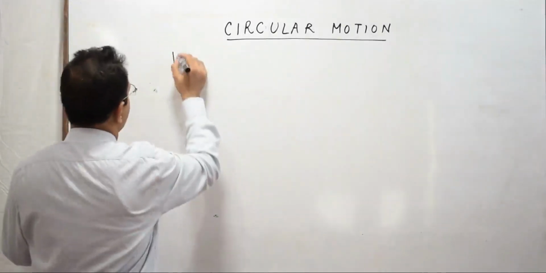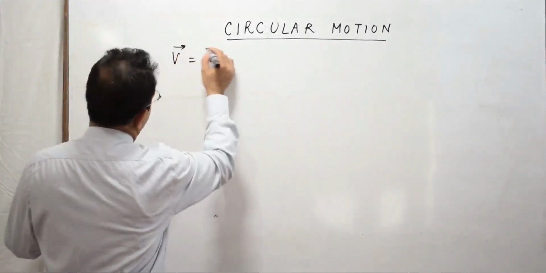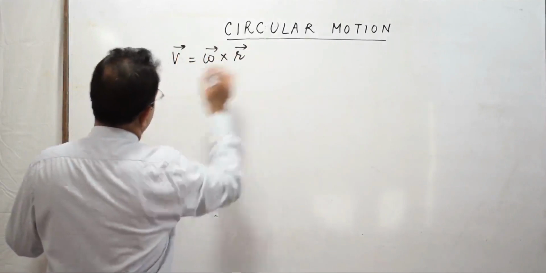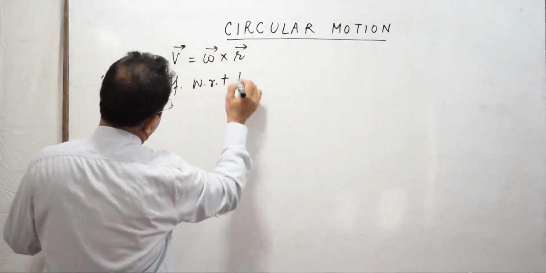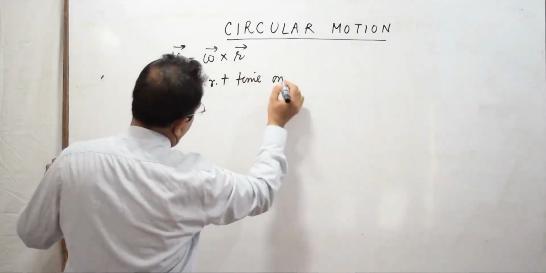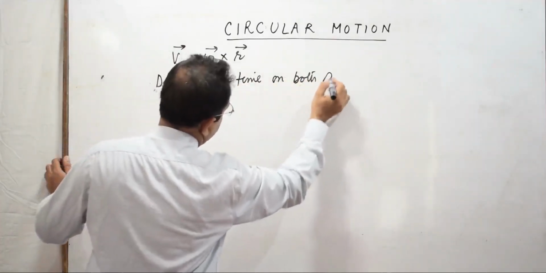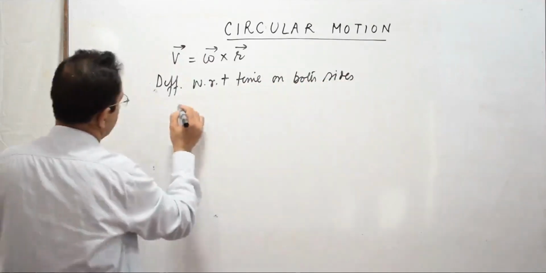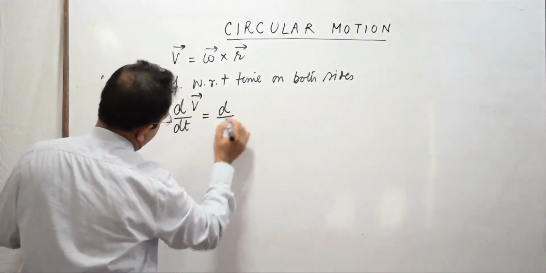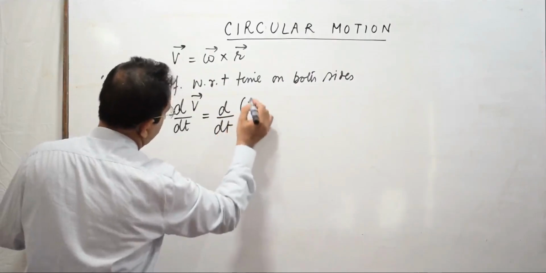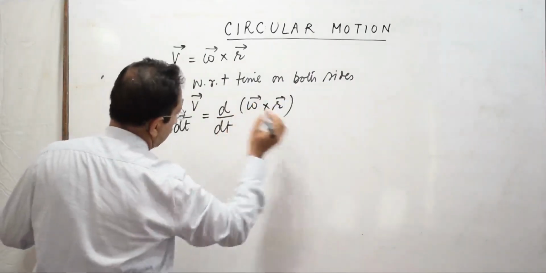So I start differentiating v equal to omega cross r with respect to time on both sides. So we have d over dt of v is equal to d over dt of omega cross r.